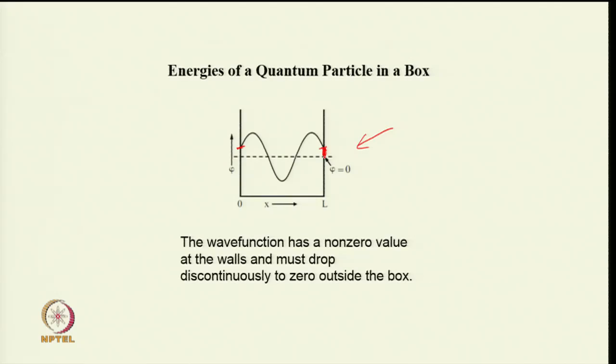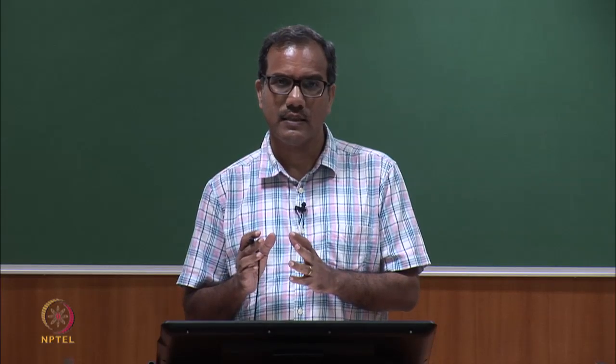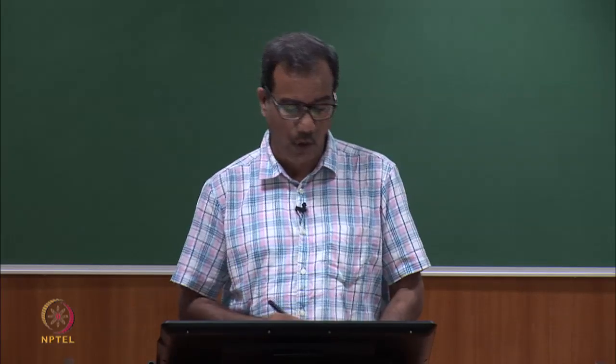And so, this kind of wave function is not allowed. When I discussed the postulates of quantum mechanics, I told you that the wave function must be continuous, and here the wave function is dropping discontinuously to 0 outside the box.